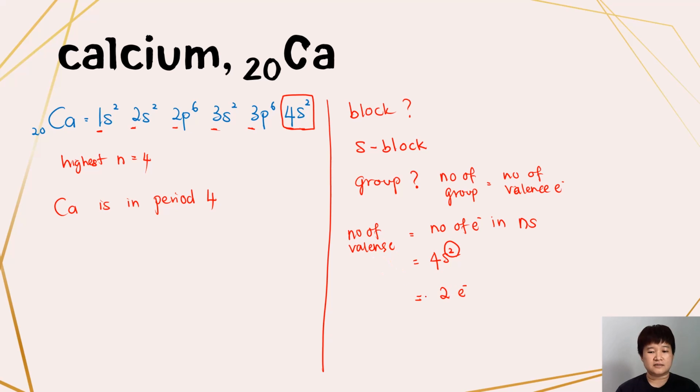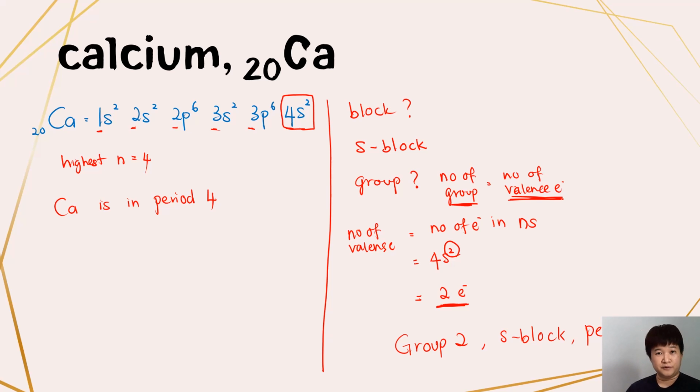Therefore, the number of valence electrons will be 2, and the group will be equal to the valence electrons. Therefore, calcium is in group 2, s block, period 4.